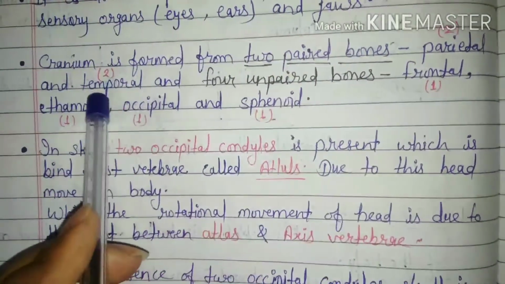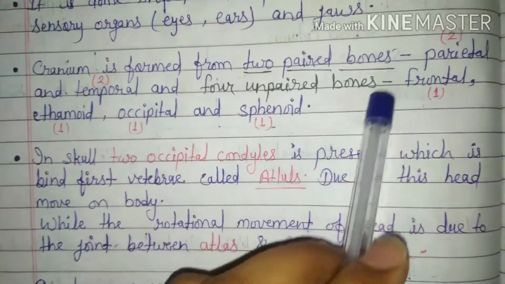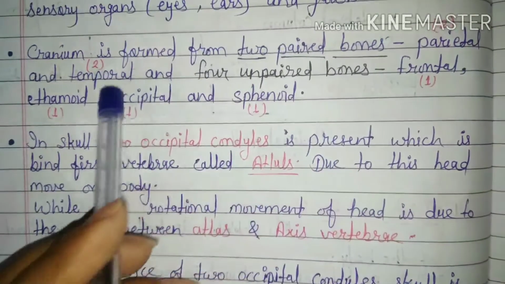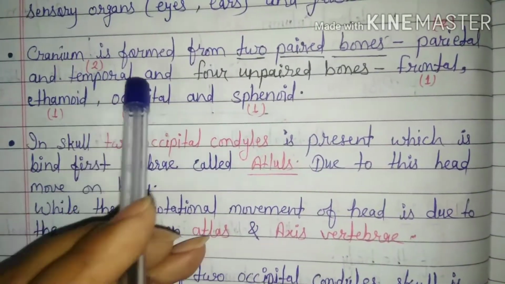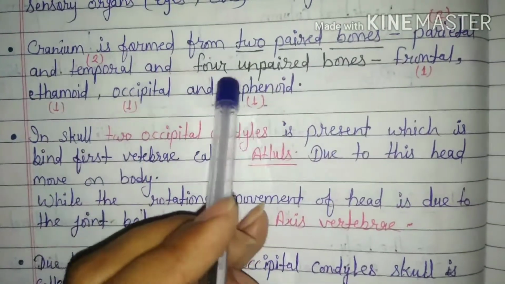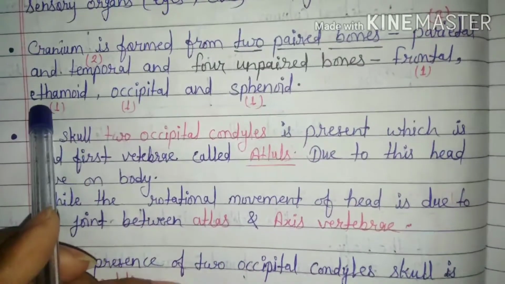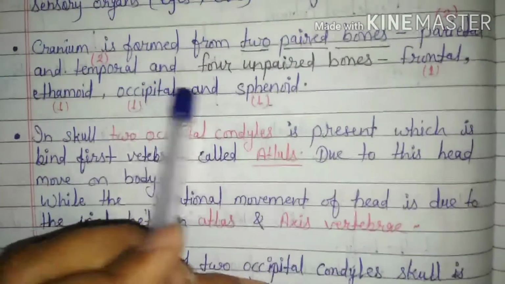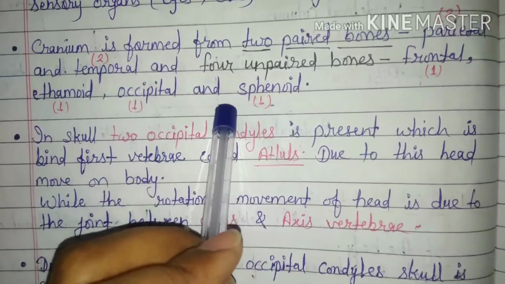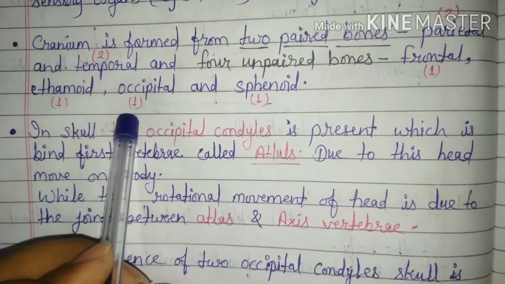Parietal and temporal are located in the parietal region and temporal region of the brain, and both bones are in paired form, which means 2 in number. The 4 unpaired bones are frontal, ethmoid, occipital and sphenoid. So the total number of cranium box bones is 8.